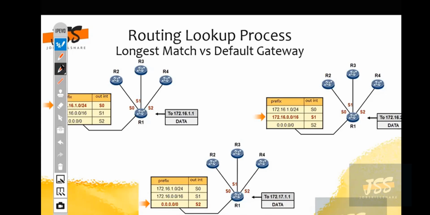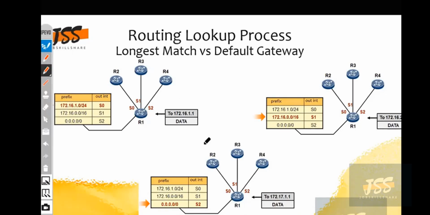Got it. Okay, since we are here, I just want to explain more. Let's say we have another match here, 172.16.2.0/24. Just a minute, I will clear this one. Let's say this also exists somewhere here before this default gateway.